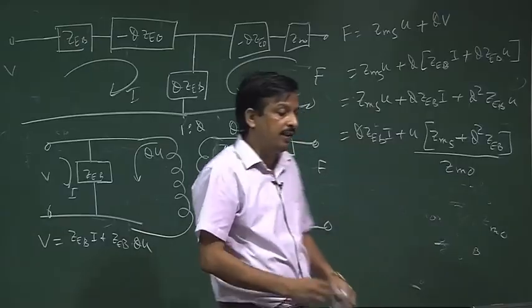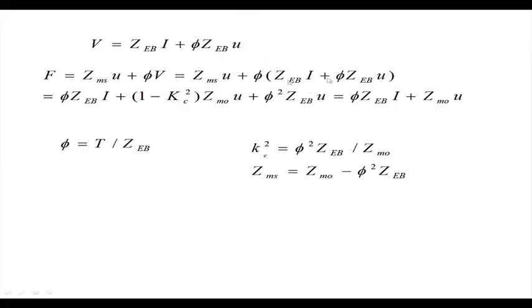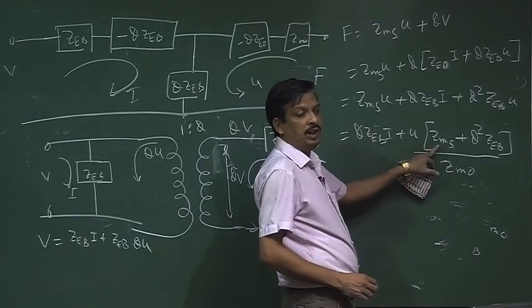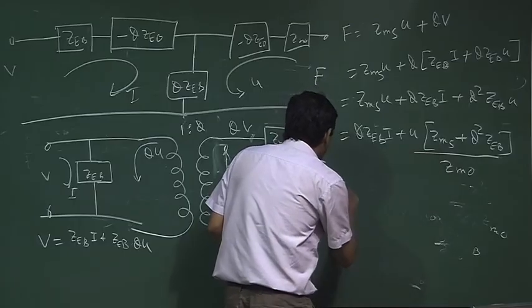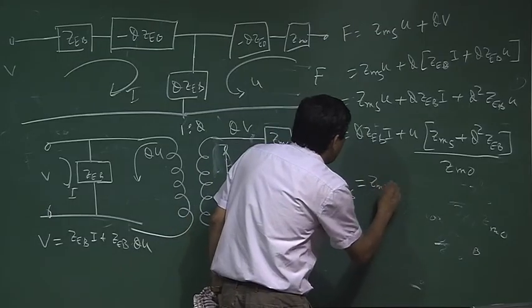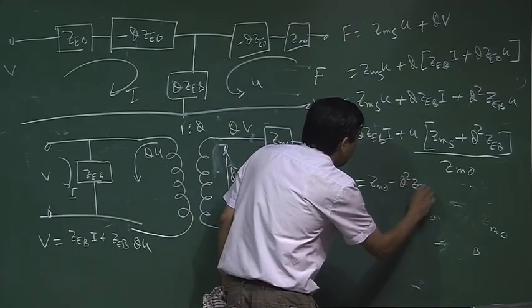So, if you see these slides, I have derived that phi square ZdB into 1 minus kc square is ZMO into U, plus phi square ZdB I have taken, and so ZMS is nothing but 1 minus kc square ZMO into U. I put the ZMS value, and then if you see, this will be cancelled, it is nothing but ZMO U. So, ZMS is equal to ZMO minus phi square ZdB.